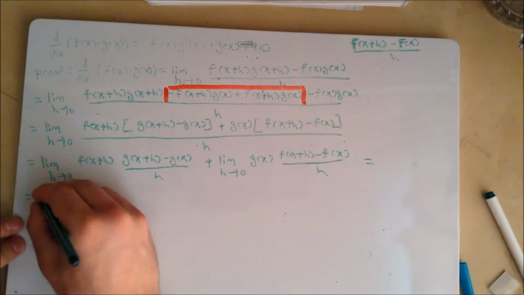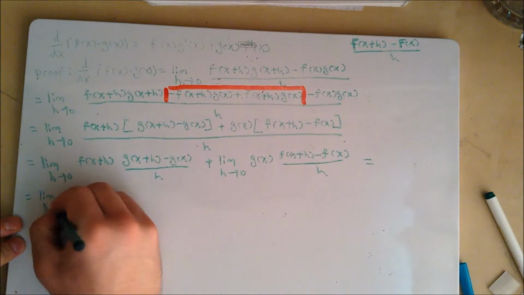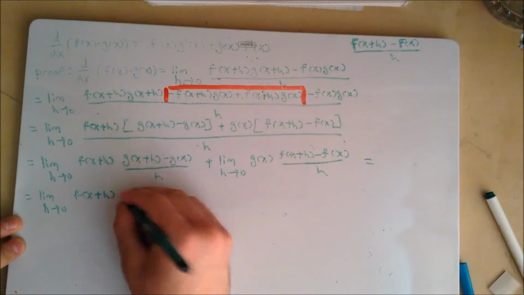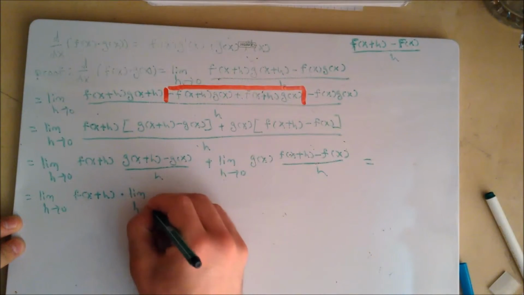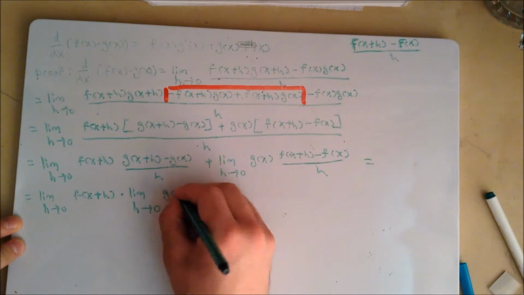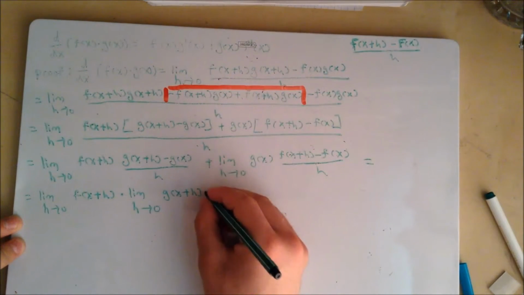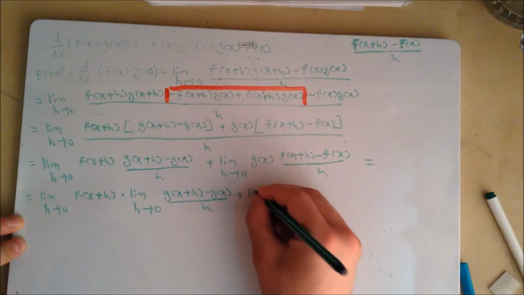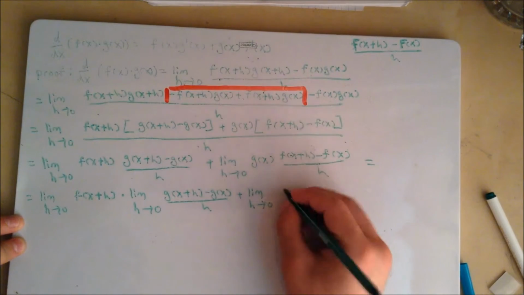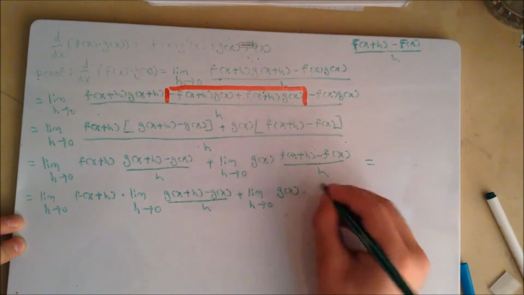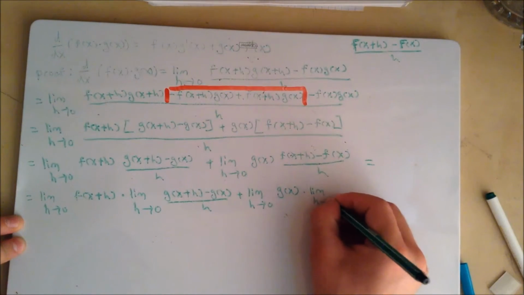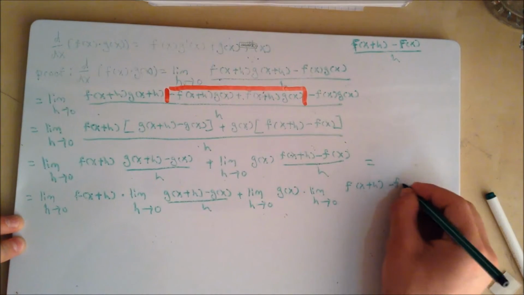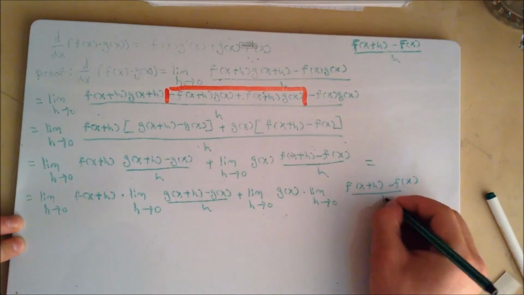So now by the limit rules, I will say that the limit as h approaching 0 of f of x plus h times the limit of h approaching 0 of g of x plus h minus g of x all over h, plus the limit as h approaches 0 of g of x times the limit as h approaches 0 of f of x plus h minus f of x all over h.